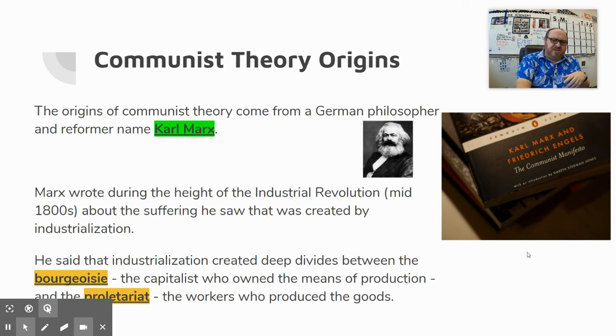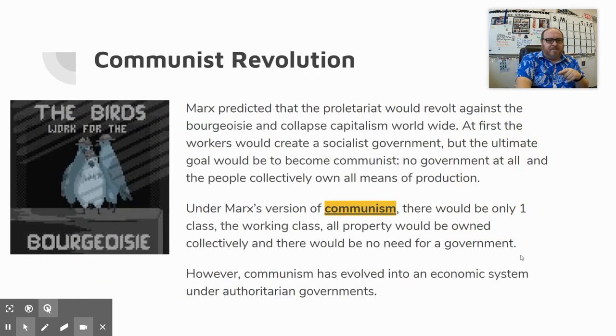Okay, so he and a guy by the name of Friedrich Engels wrote what was called the Communist Manifesto, where they basically put out these ideas. Now, they're only philosophers. It's only theory, right? Okay. Now, Marx predicted that the proletariat would eventually revolt against the bourgeoisie and collapse capitalism worldwide. And at first, the workers would create a socialist government. But ultimately, over time, the goal would be to become communist, where there's no government at all.